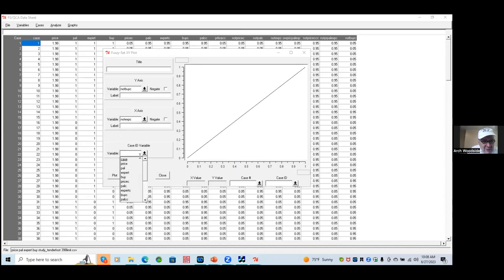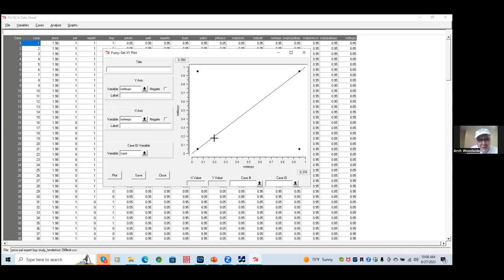Non-expert case plot. There's the plot, and here, if we click on that, we can see the number of cases in the top right. We have a good many cases. We could count these cases, but this version of fsQCA only shows 5 at a time, but there's about 35 cases there.